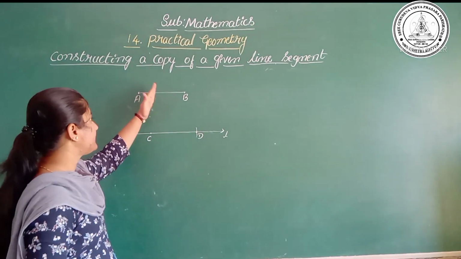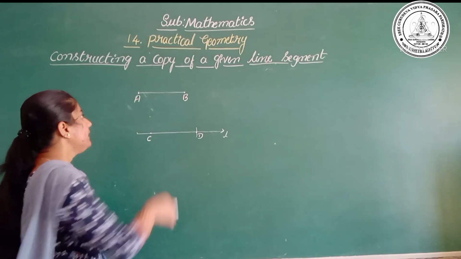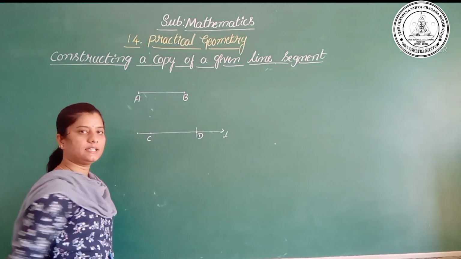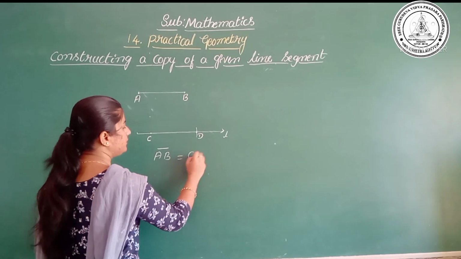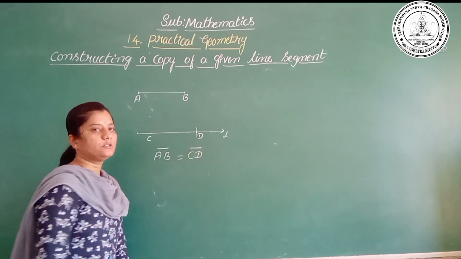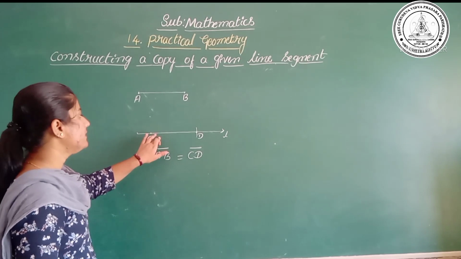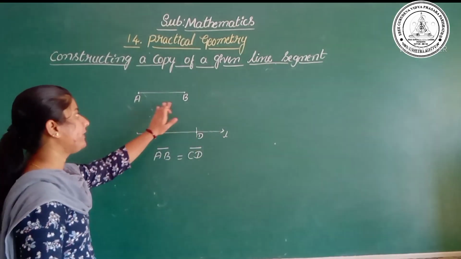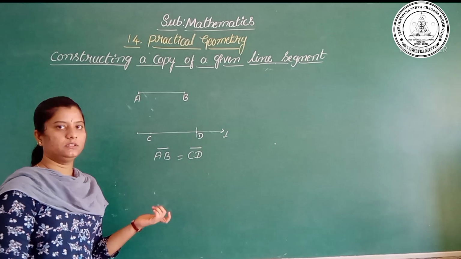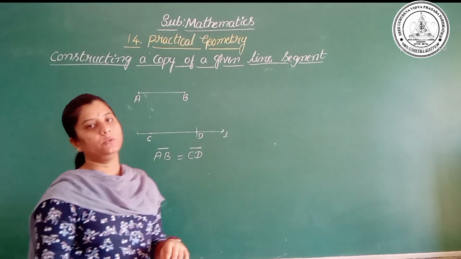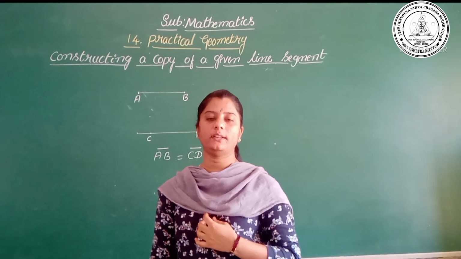Then we will get the exact copy of the line segment AB as CD. Now we may say that line segment AB is equal to line segment CD. So both are copies. Here CD is a copy of the given line segment AB. Right? Is it clear? Yes. Then let's go to solve the exercise 14.3.